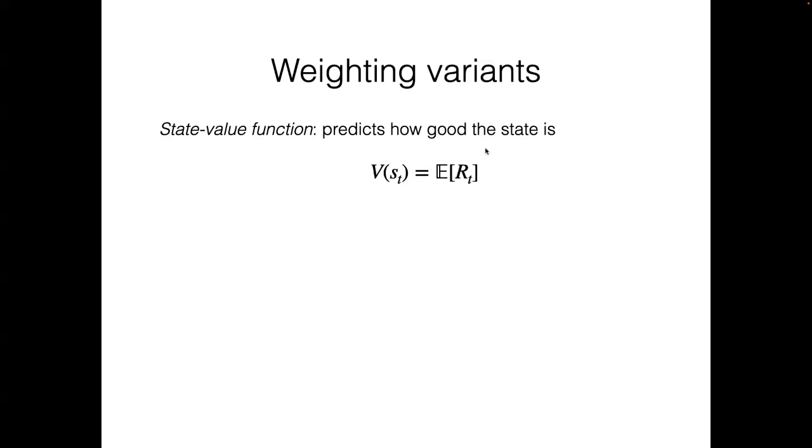Of course, there's multiple possible ways to complete the sequence if, let's say your state is halfway through. So in theory, at least, it should measure the expected reward given that you're at this current state.